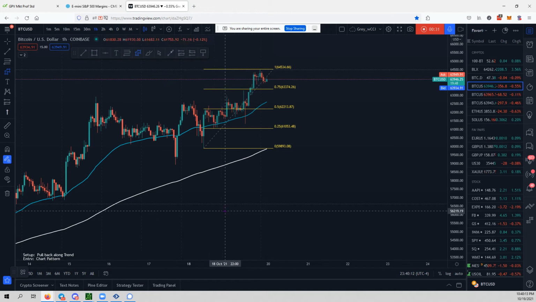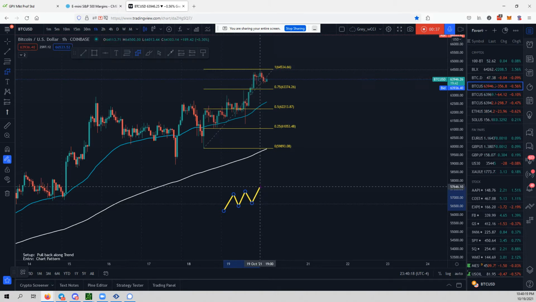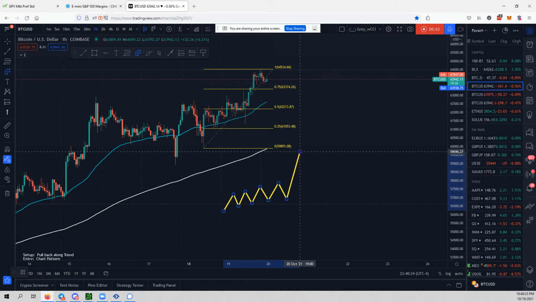Sometimes, actually many times, the chart will do this, ever so slowly. See it? And then, boom, the chart will do that. Then it'll range a little bit.